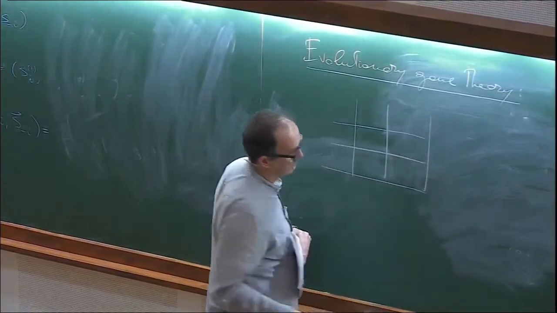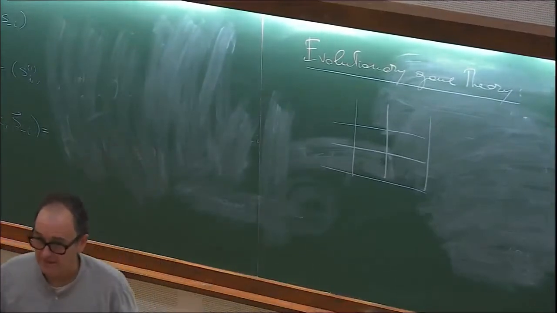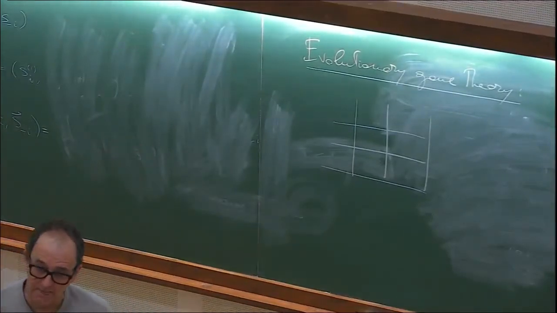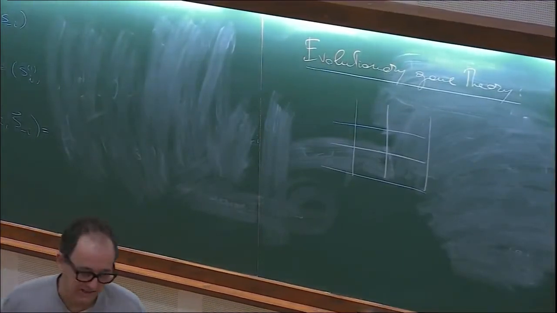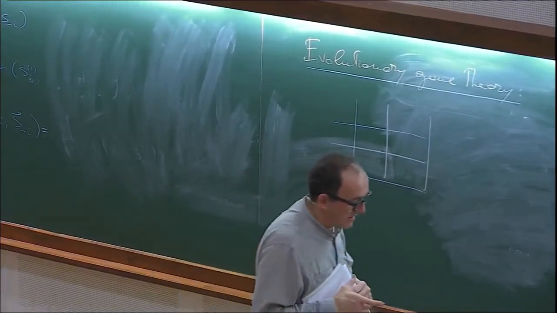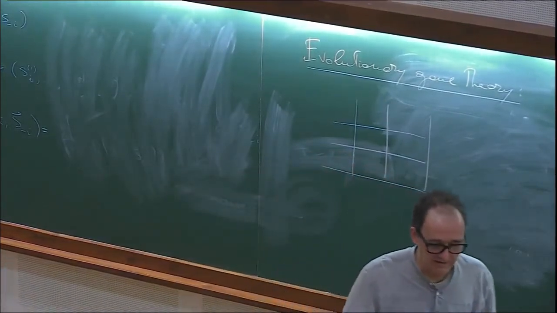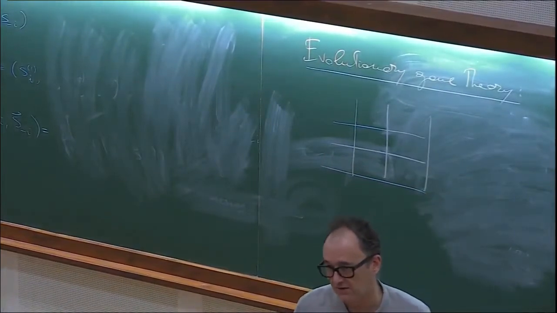So let's discuss a very simple situation. Imagine that you have a population of beetles, and this population is of small beetles, okay? And now there is a mutation and a variant of these beetles appears which have a considerably larger size, okay?